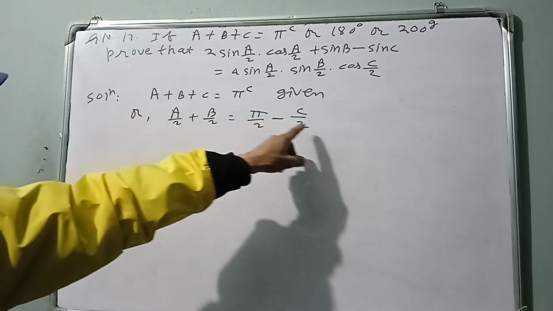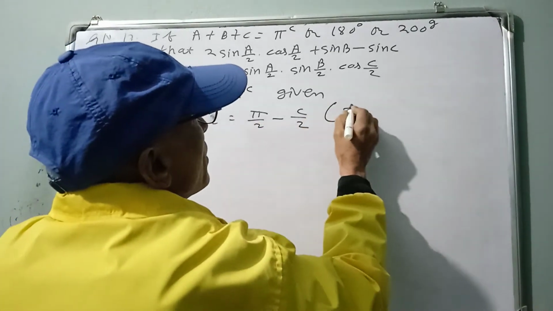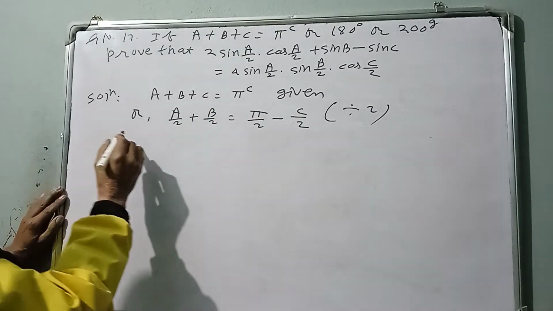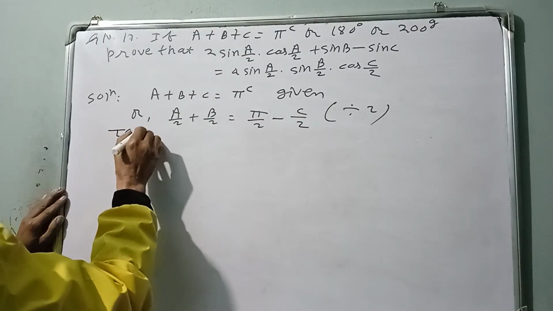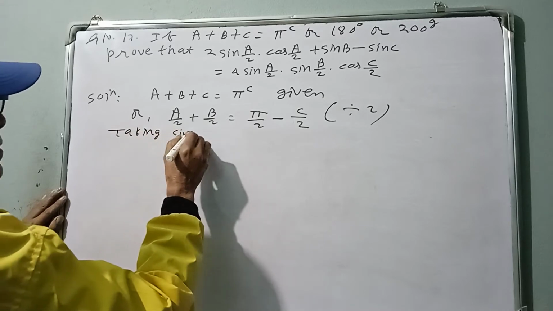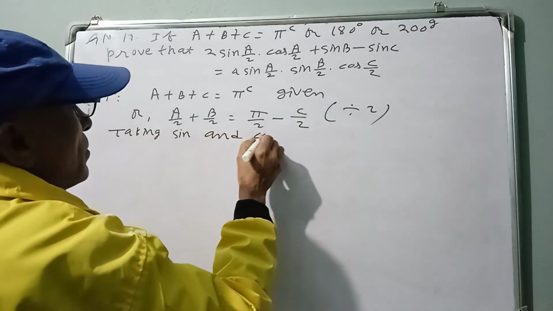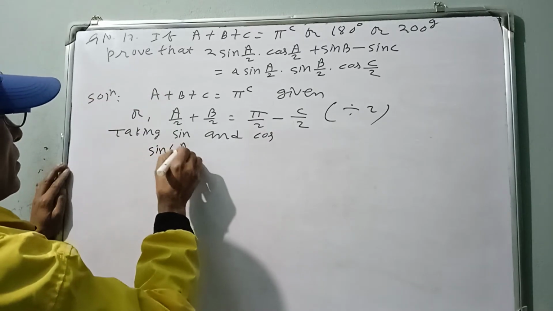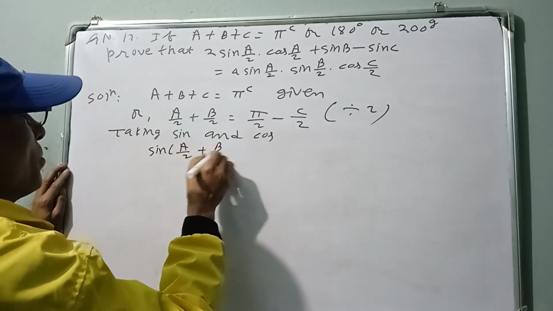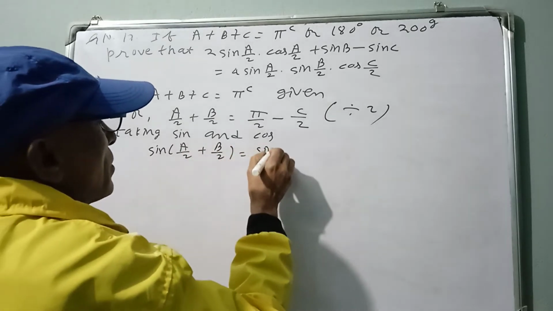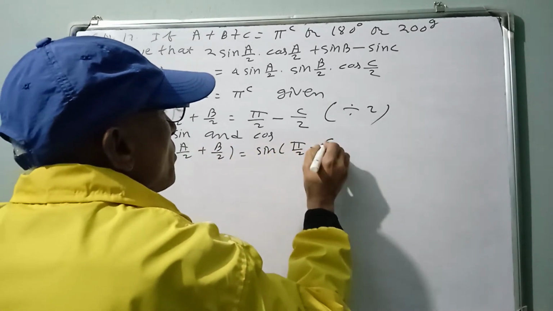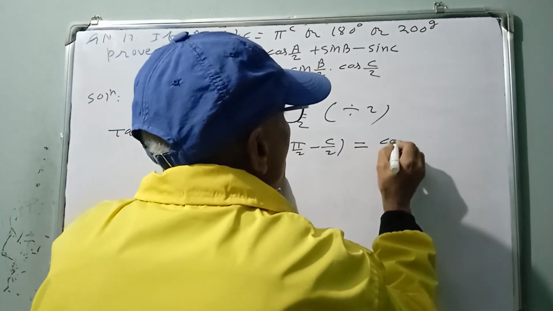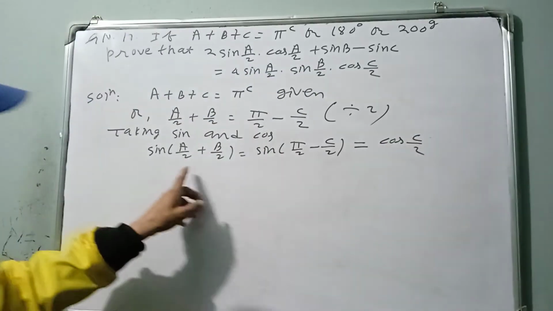A by 2 plus B by 2: dividing by 2, C is taken to RHS. Now taking sin and cos. So sin (A by 2 plus B by 2) equals sin (pi by 2 minus C by 2). Sin (90 minus A) is cos A.